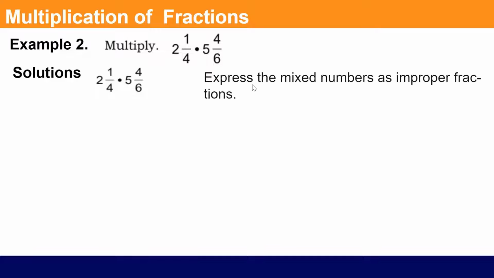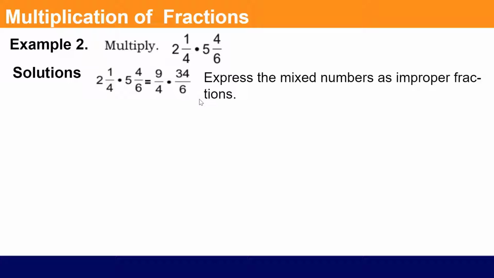Ayan. So, again, express the mixed numbers in improper fractions. Okay. So, 4 times 2 is 8 plus 1 is 9/4. Then, 6 times 5 is 30 plus 4 equals 34 over 6.